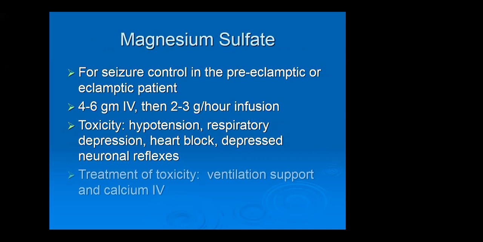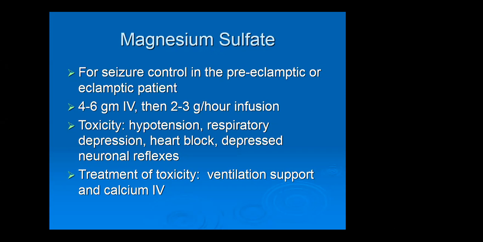What you'll see if you take a certification exam, the key question there is, what's the sign of magnesium toxicity? And it's going to be looking for the loss of, and the way they phrase it on exams, the loss of deep tendon reflexes.